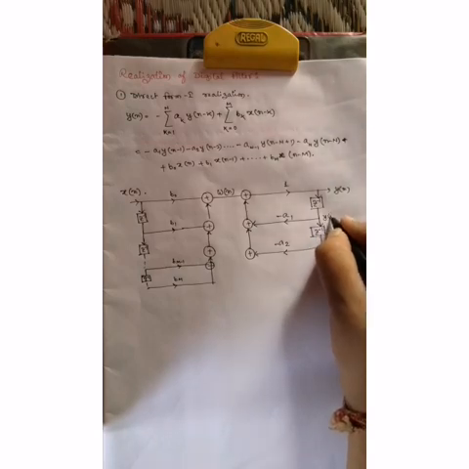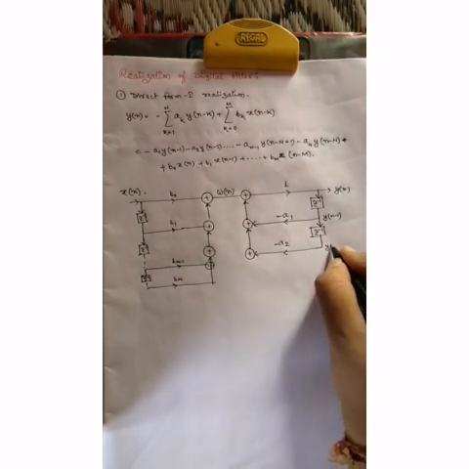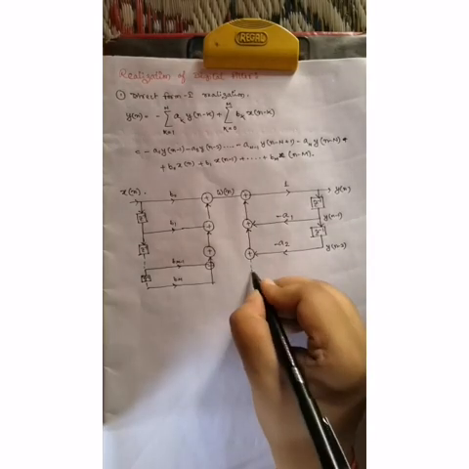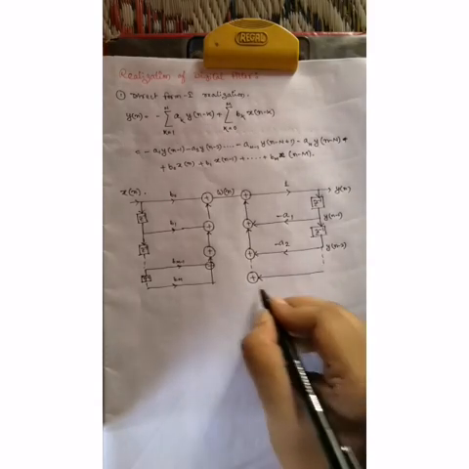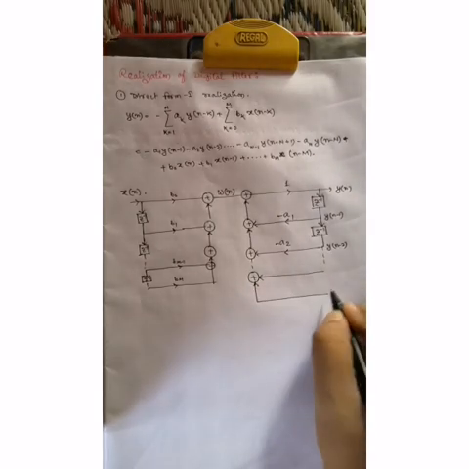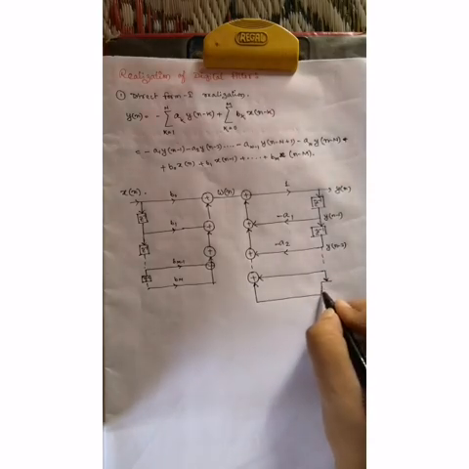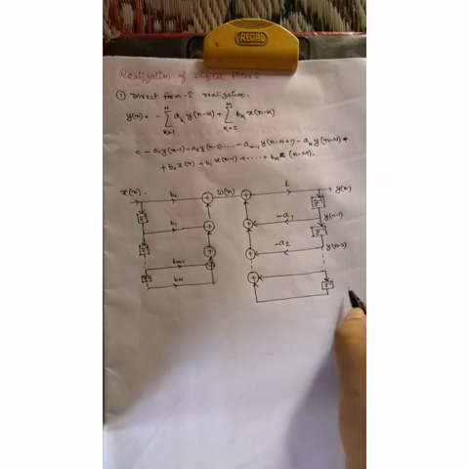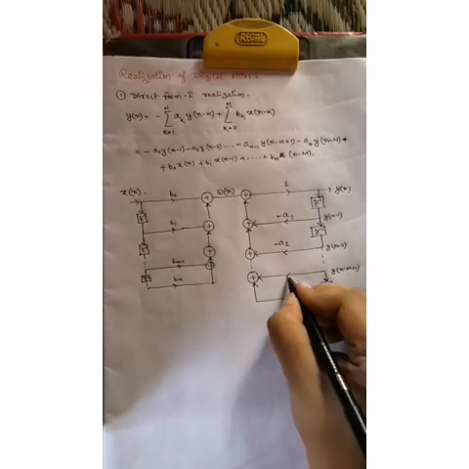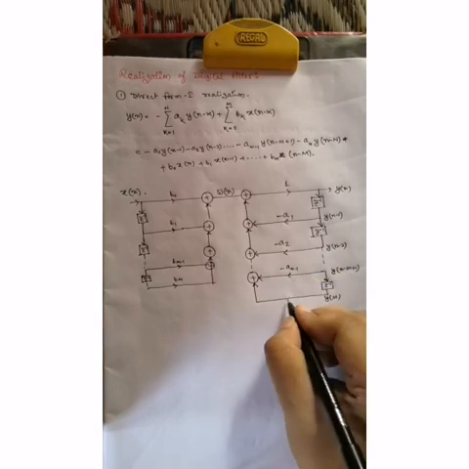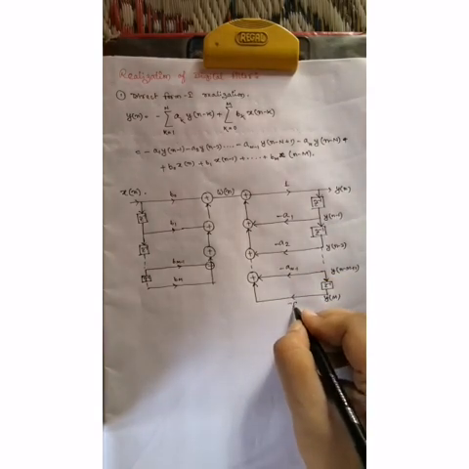This line is yn minus 1, this line is yn minus 2. Similarly, this point is yn minus N plus 1 and this is yn minus N. The values are minus aN minus 1 and minus aN. So this is the structure for the realization of direct form 1.